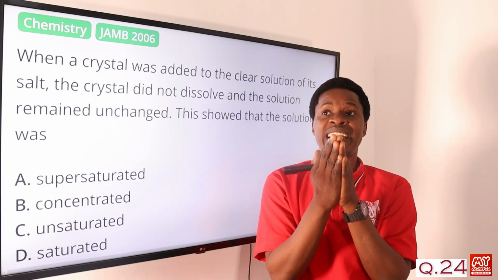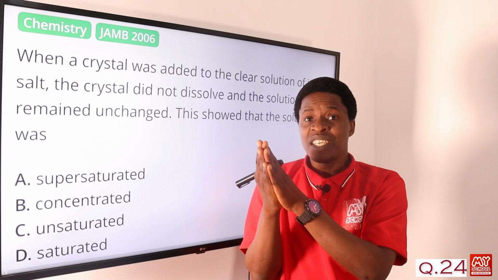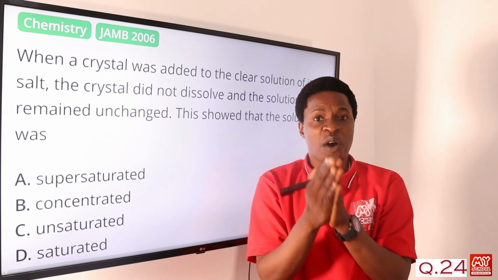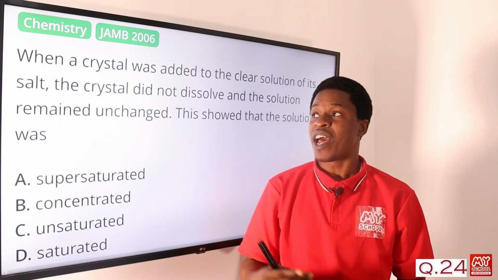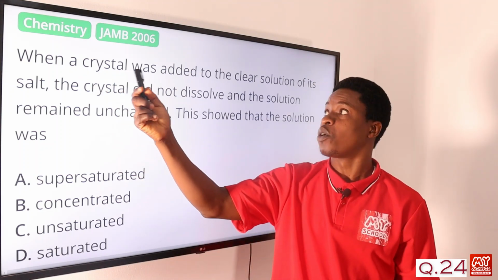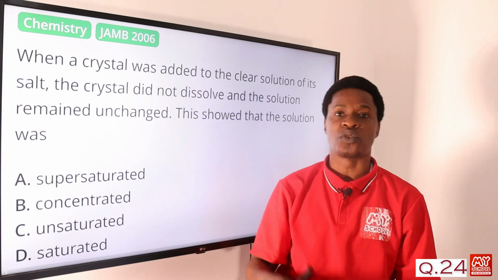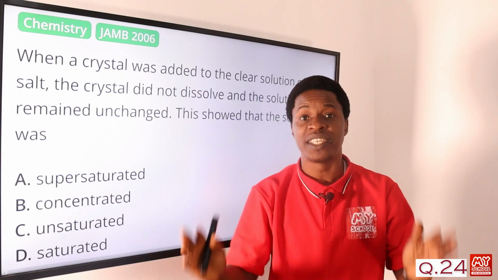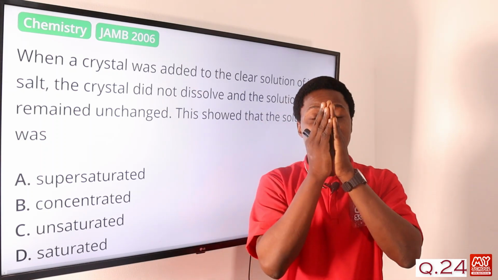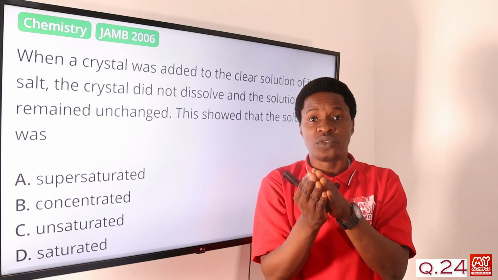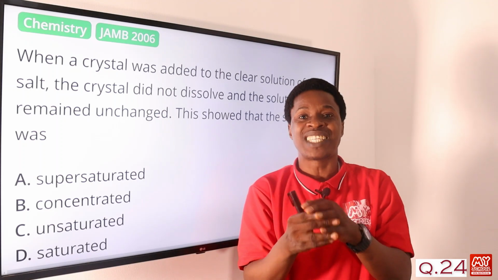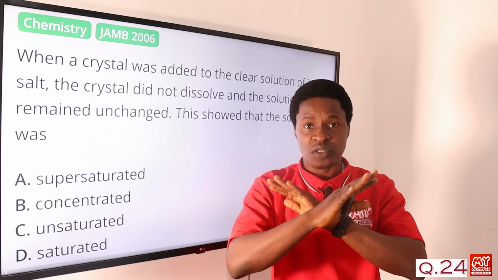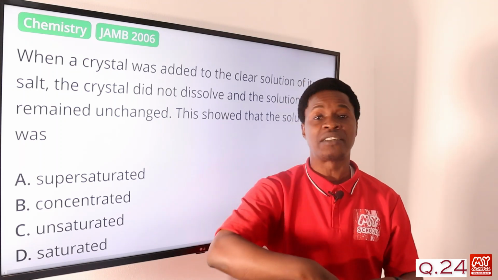There is an amount of solute that a solvent can actually dissolve and accumulate. So if you add more crystals of that salt into the solution and it is not dissolving, it means that the solution has reached its maximum amount of salt that it can dissolve. If you pour more crystals, nothing will happen.